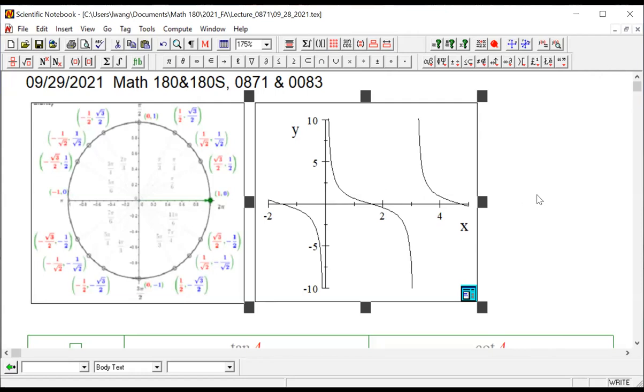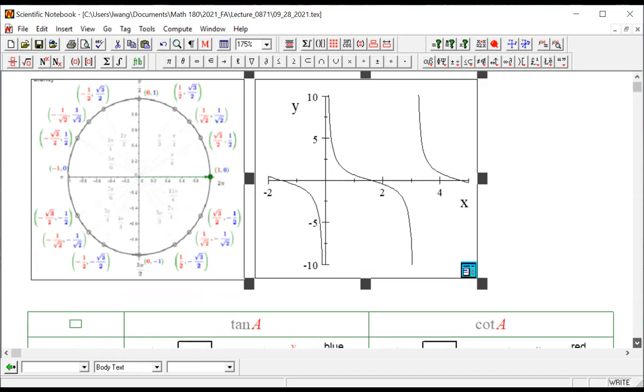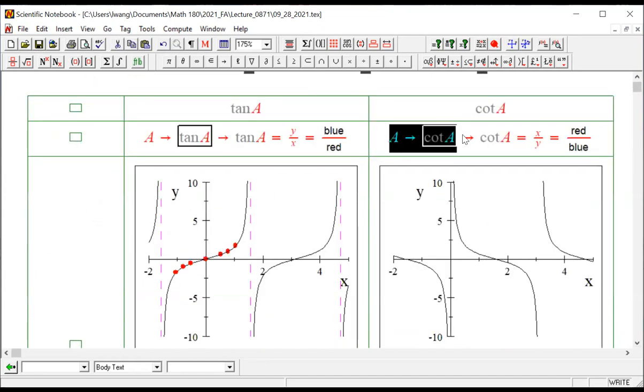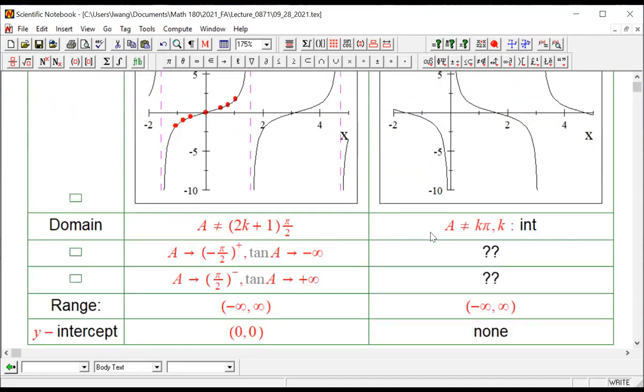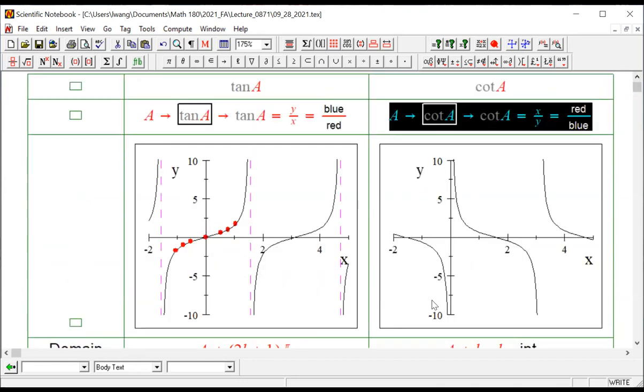So without further ado, this of course is a cotangent. For cotangent, we need to be aware of the domain, and we already know the domain. It cannot be k pi. It cannot be 0, it cannot be pi, it cannot be negative pi.